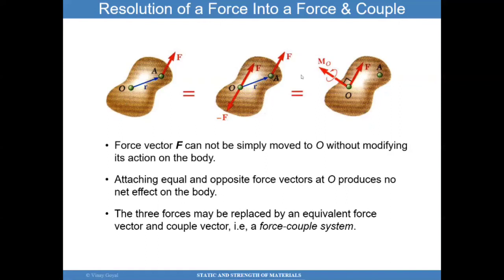It will give me a moment about O in this way, and this force F stays there. This moment is basically produced by these two forces in the opposite direction. So that's basically a couple, as an example. So I'm able to find a system here, system 1 and system 2, that basically produce the same answer.